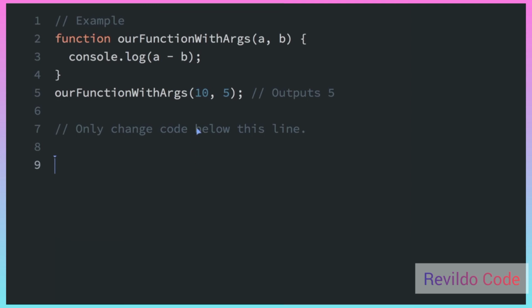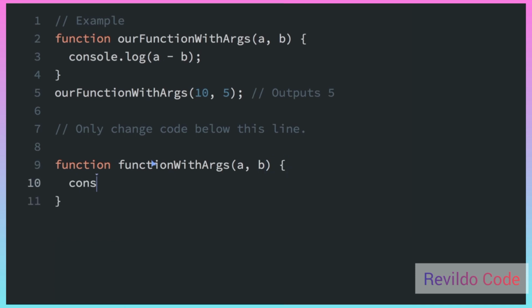So I'm going to create a function that's very similar to that function. This one is going to be called function with args, and it's also going to accept an A and B, but we could call that anything we want.